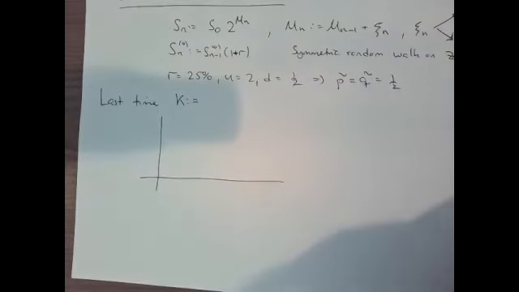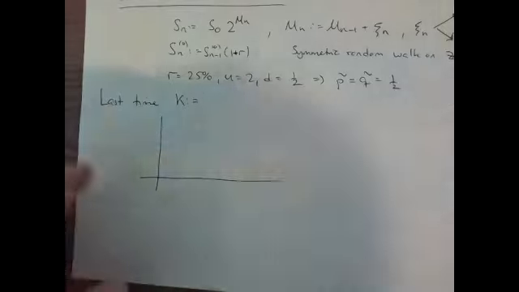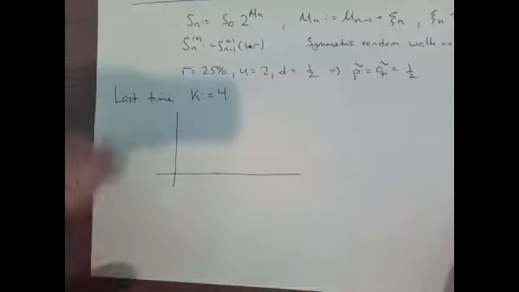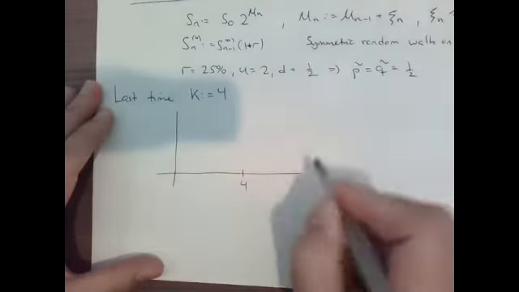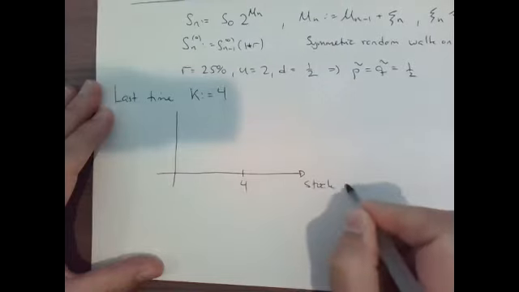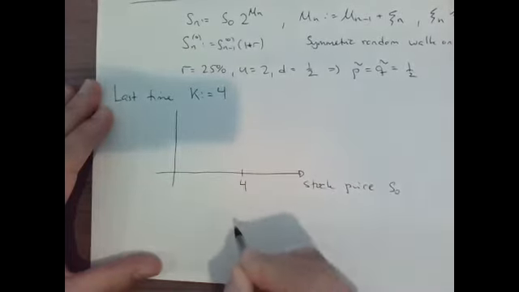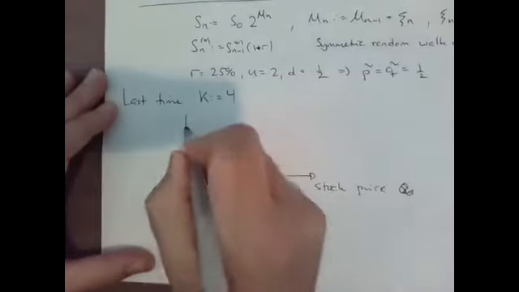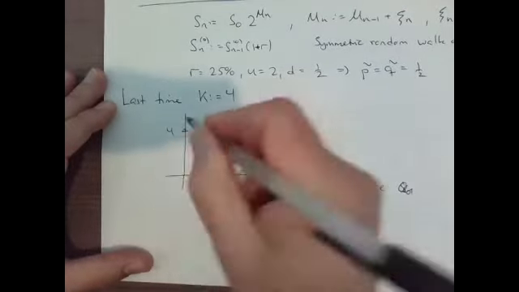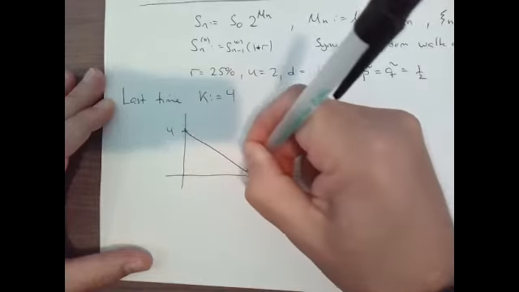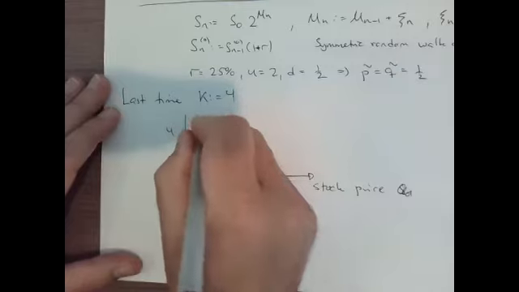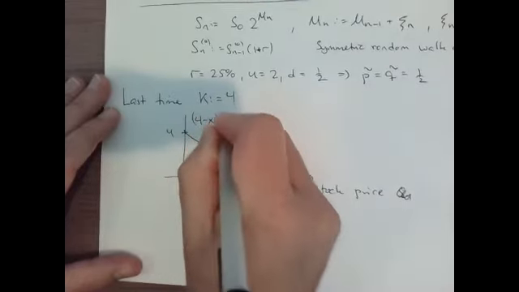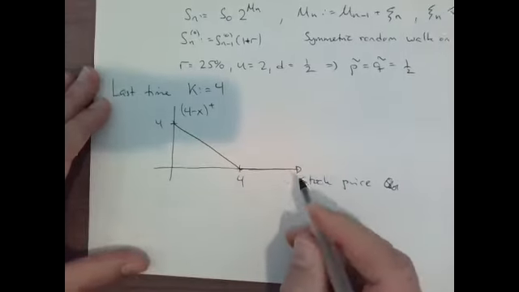What did we choose for K last time? I think we had K to be 4. So here would be 4, and here we have the stock price. At 4, we would have that hockey stick. This picture here is the positive part of 4 minus x. So that's the hockey stick.